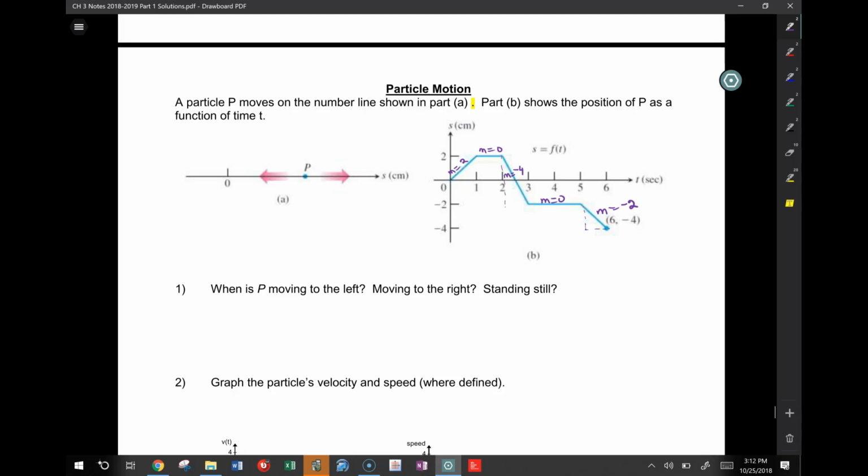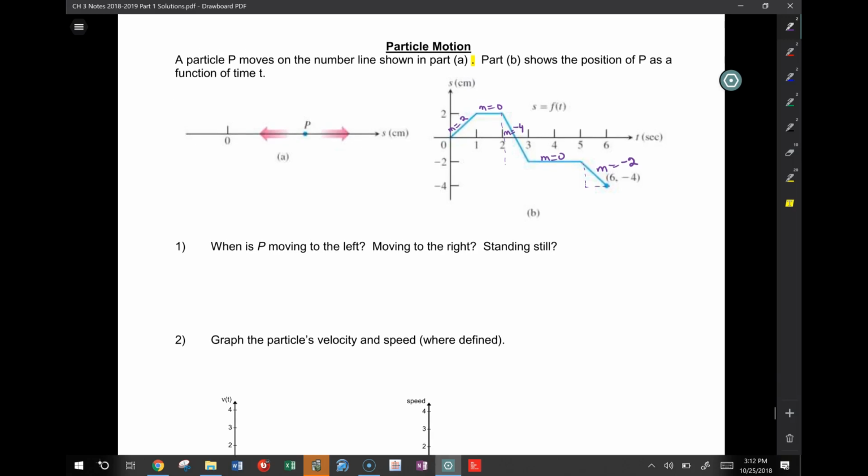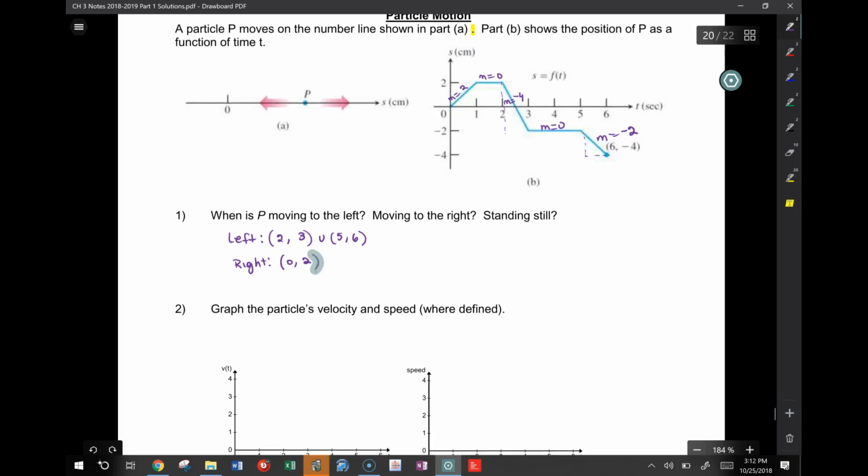It's at rest. Okay, so when is the particle moving to the left? Specifically, it's moving to the left from 2 to 3 and from 5 to 6. When is it moving to the right? 0 to 2, and that's it. Is there 0 to 2 or 0 to 1? 0 to 1. Hang on.